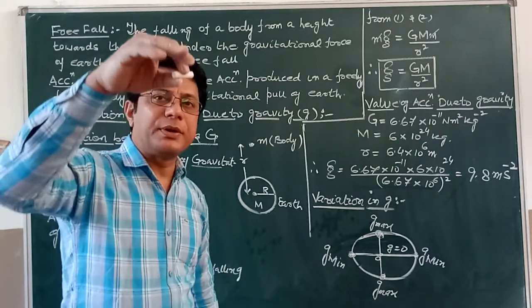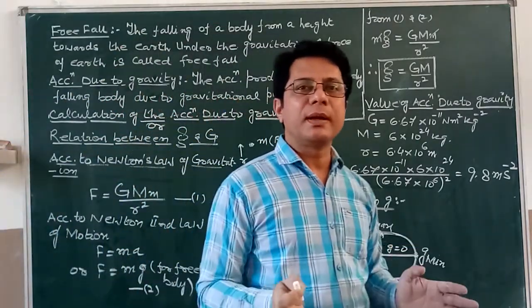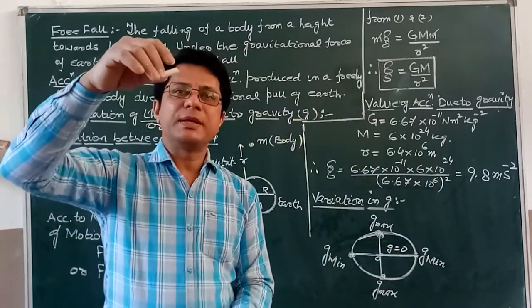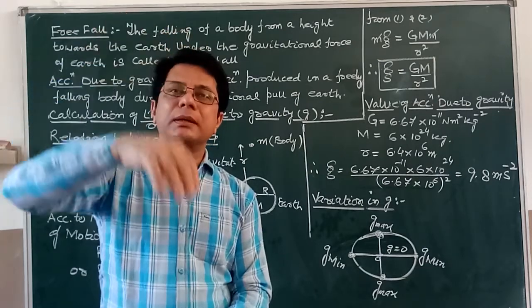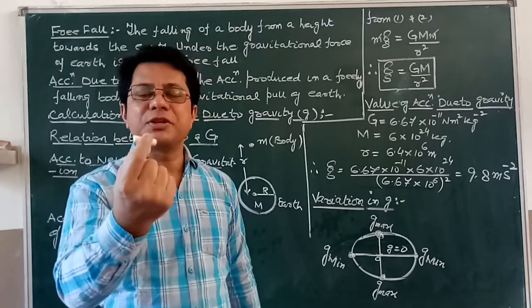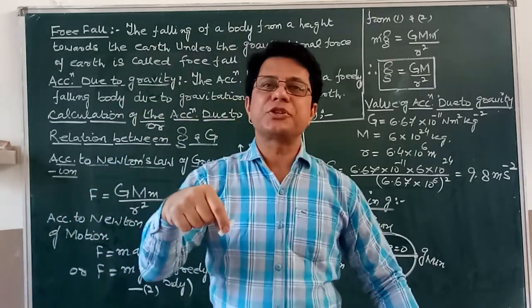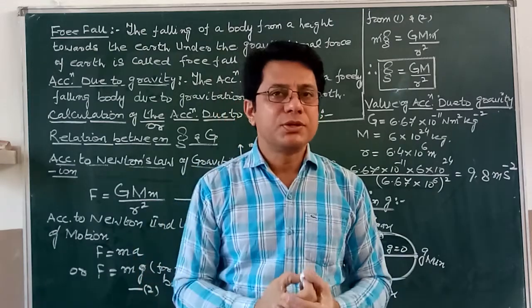The acceleration produced in a body due to the gravitational pull of the earth is known as acceleration due to gravity. Same example: this chalk is going towards the earth, acceleration is being produced due to the gravitational pull of the earth, and this is known as acceleration due to gravity.